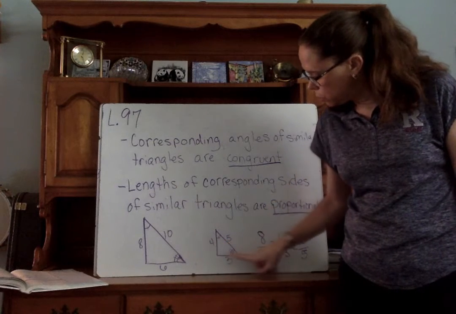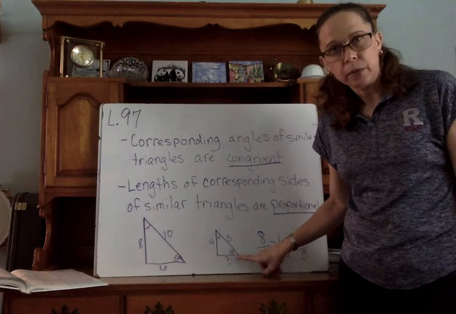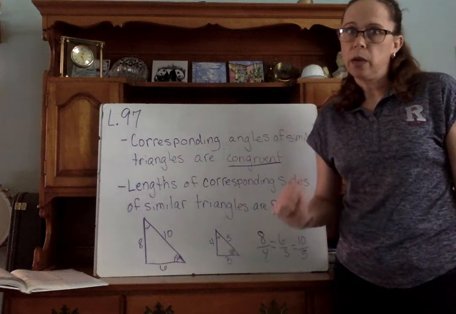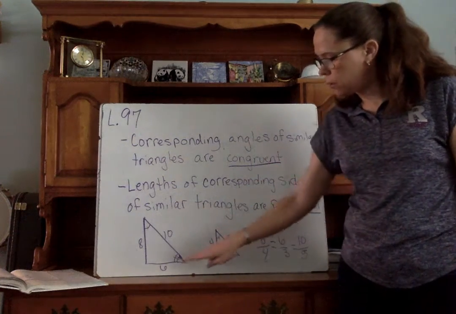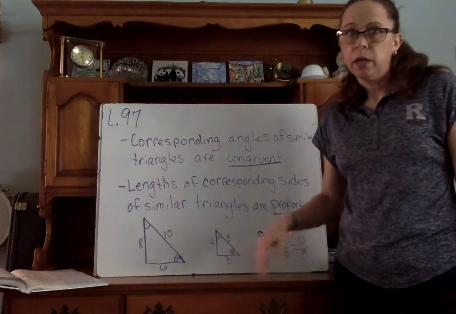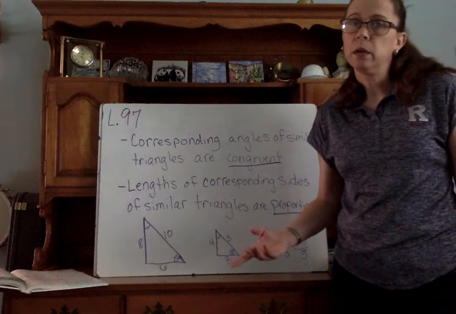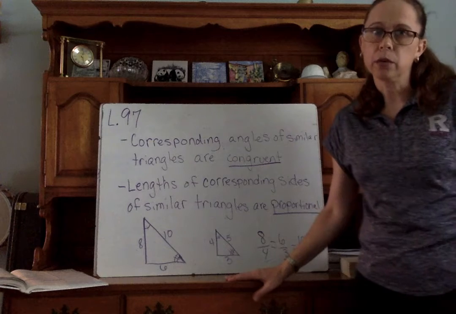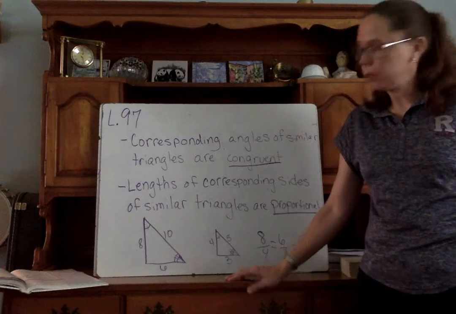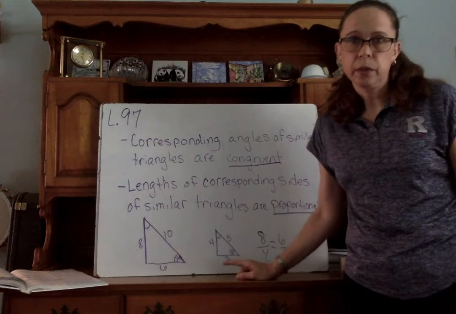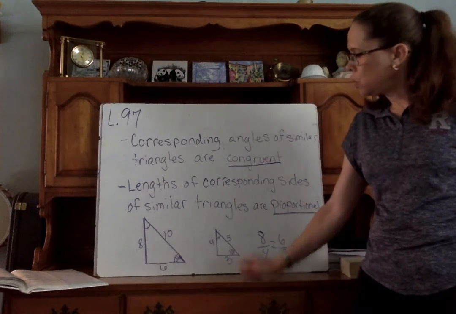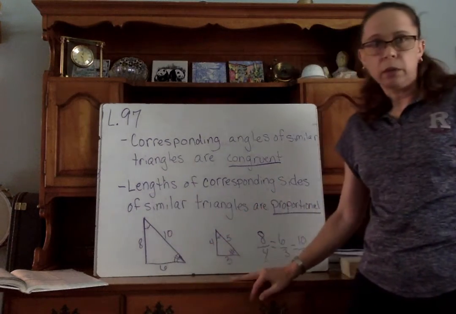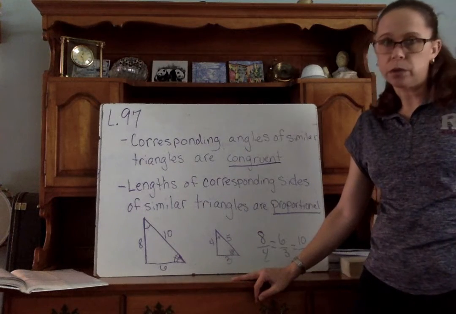Think about it: if I have two sets of corresponding angles, the third set has to also correspond, because we only have three angles in a triangle. So these two triangles are similar.